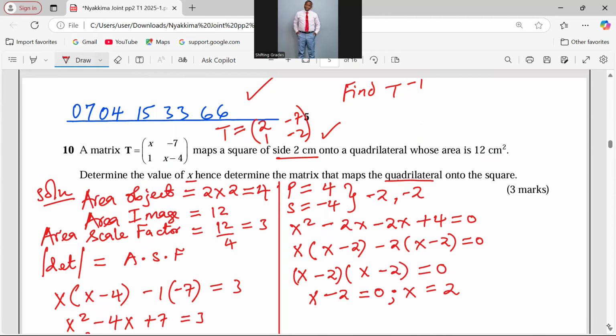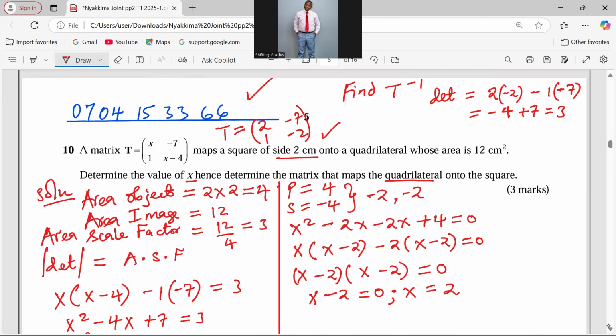To find the inverse of T, we need to get the determinant first. So the det of T is going to be 2 by -2, then minus 1 by -7. This is -4 plus 7, which is 3.